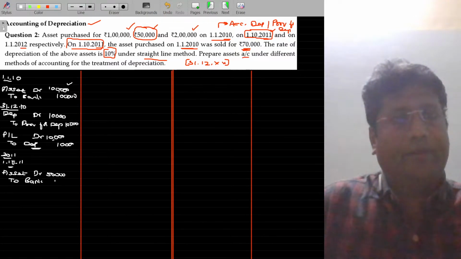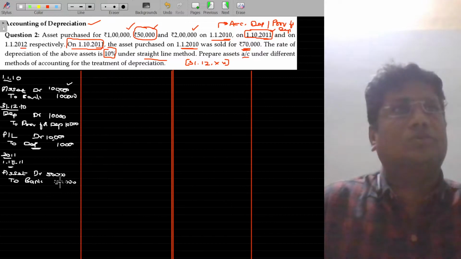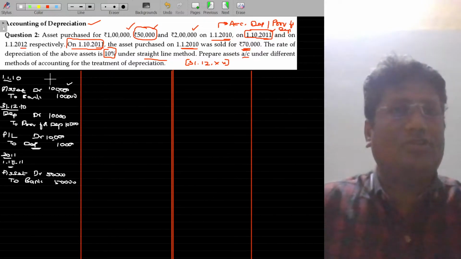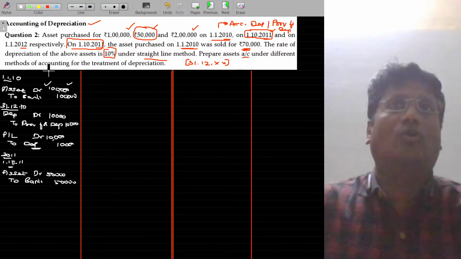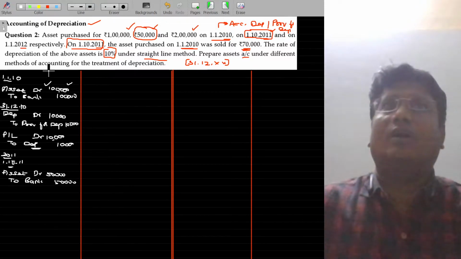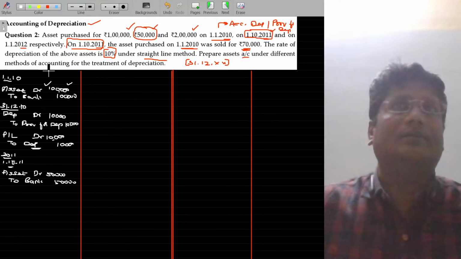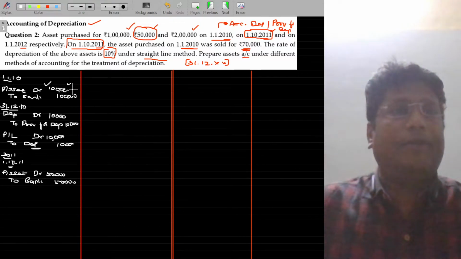At the same time, one more asset was sold. That asset was originally purchased on 1/1/2010. Whenever any asset is sold, you have to provide the depreciation of that asset up to the date of sale. For this asset, we have provided the depreciation up to 31st December only. So from 31st December 2010 to the date of sale, 1/10/11, we have to again provide the depreciation.